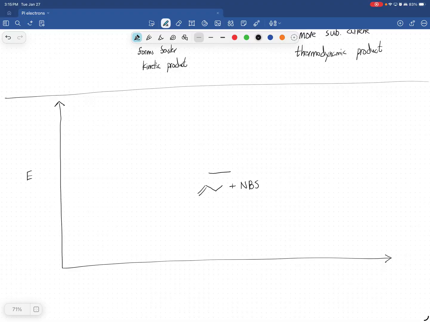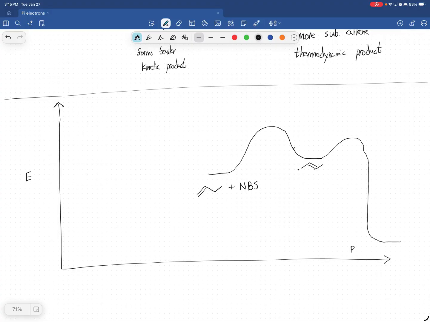So we're going to say, eventually, this goes to a point where this radical is formed, okay? But eventually, it goes to the lowest energy here, and that's my product.